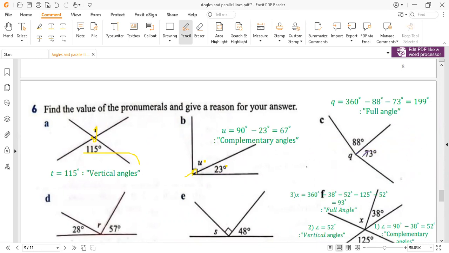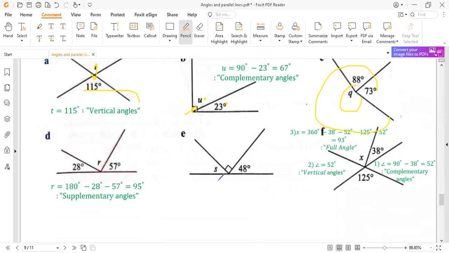Using also the full angle Q here, it is 360 degrees minus 88 degrees minus 73 degrees, or said differently, Q equals 360 degrees minus the sum of 88 with 73, to obtain 199 degrees. And here we have a straight line, so these add to 180 degrees, supplementary angles.